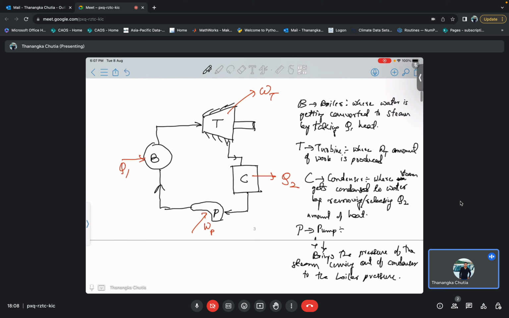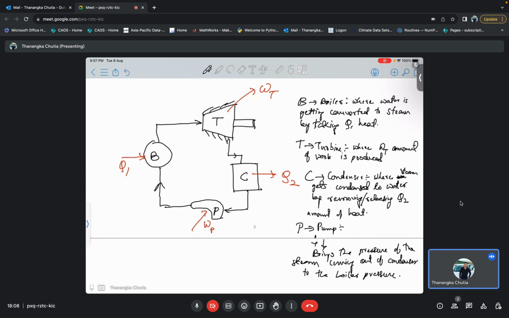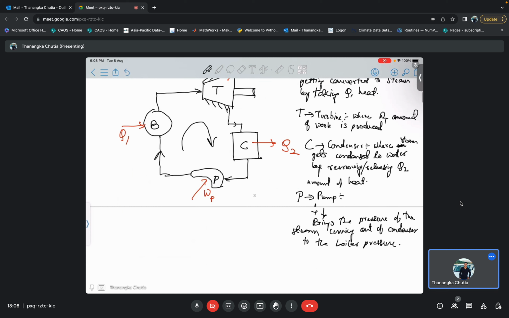It brings it back, and this rotates in a clockwise direction. The turbine is the work producing device, and the pump brings it back to the original pressure by consuming WP amount of work.